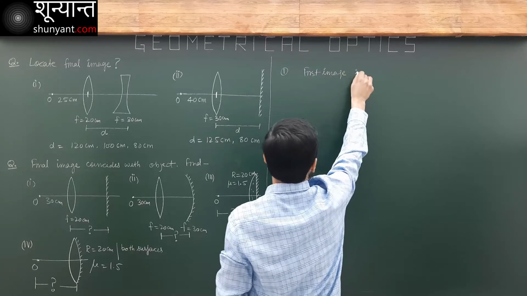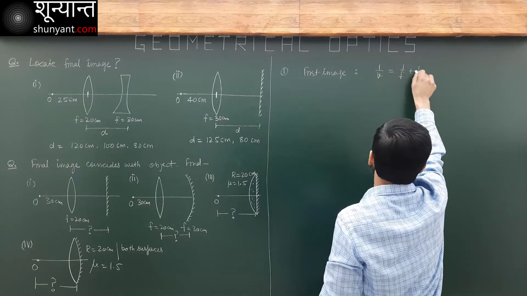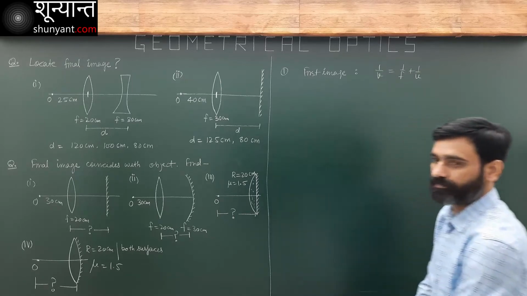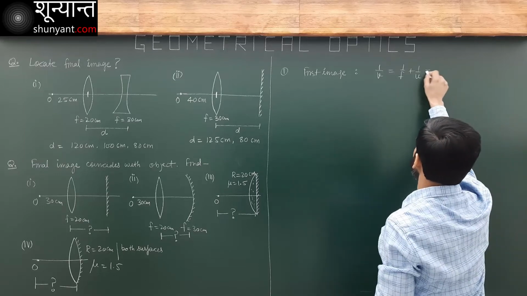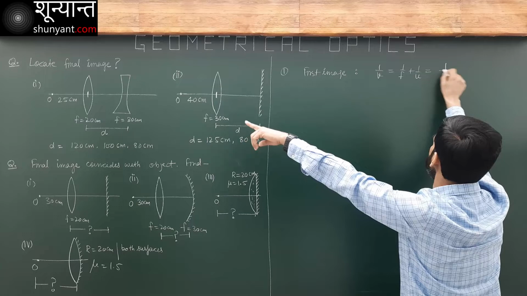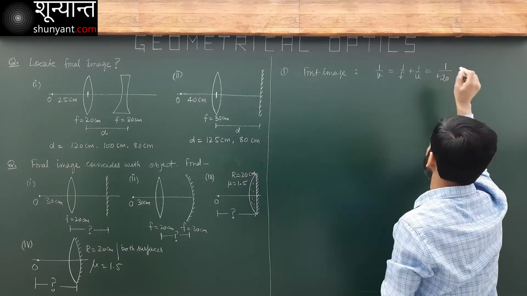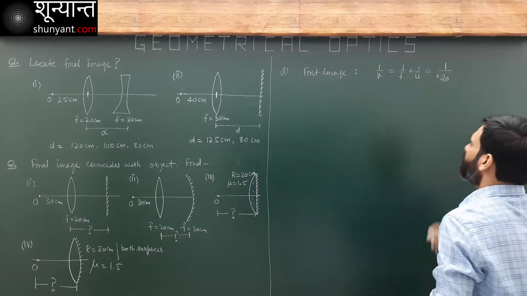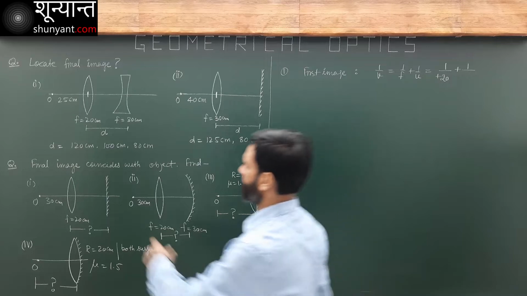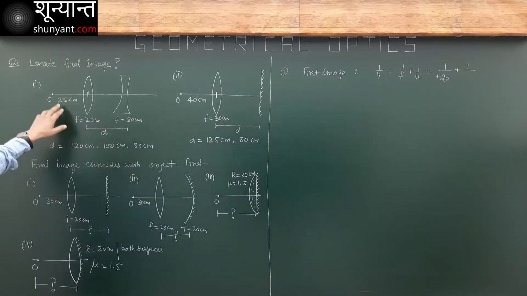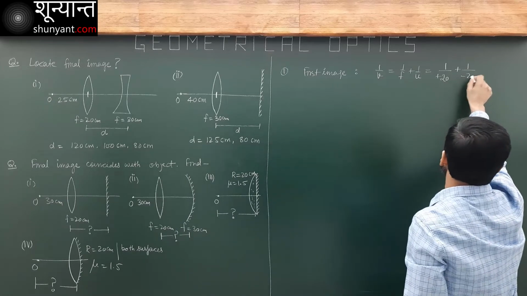How do I find it out? 1 over v is equal to 1 over f plus 1 over u. It's a converging lens, so the focal length will be positive, plus 20. And then plus 1 over u, which is minus 25.